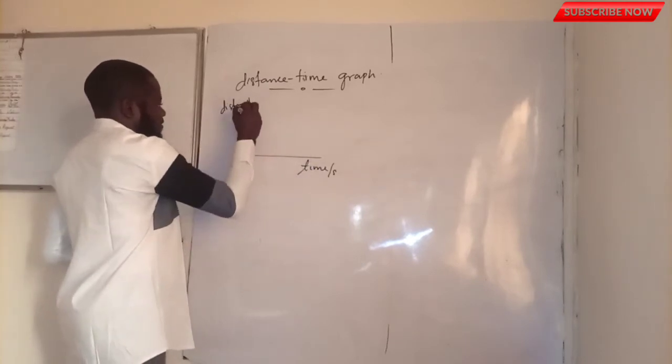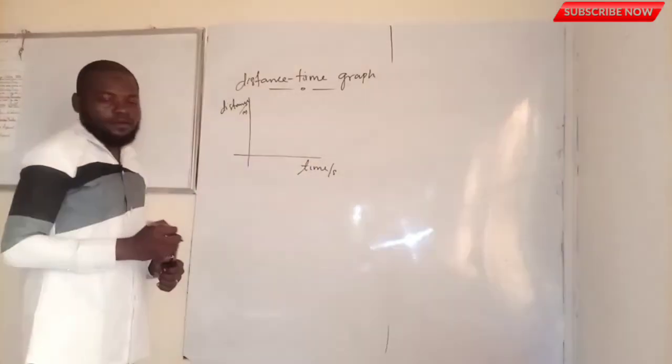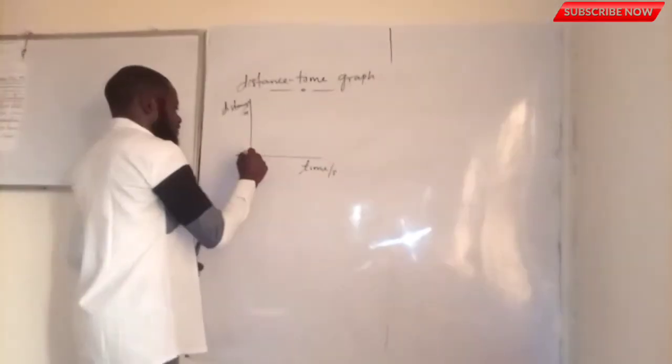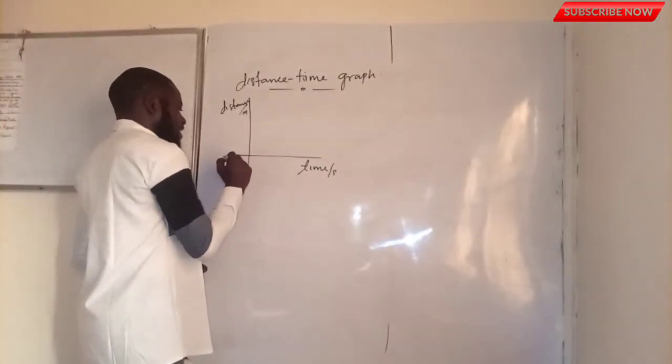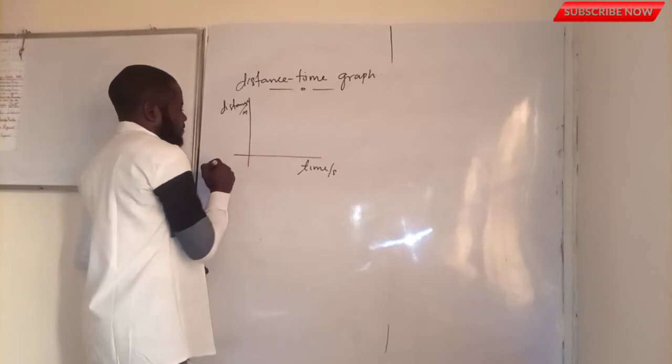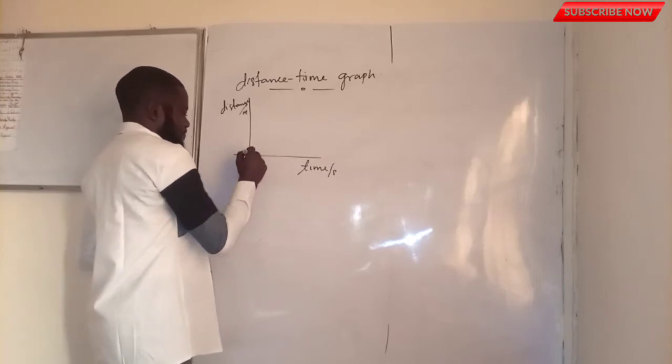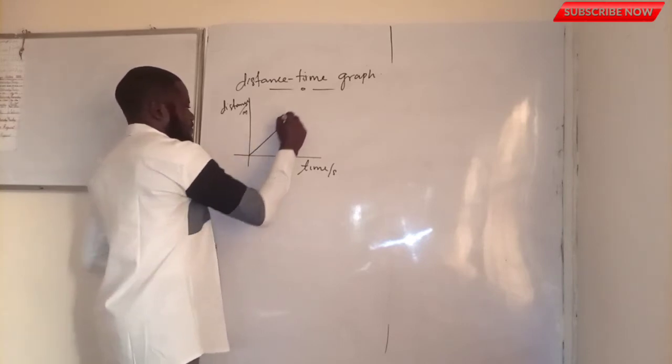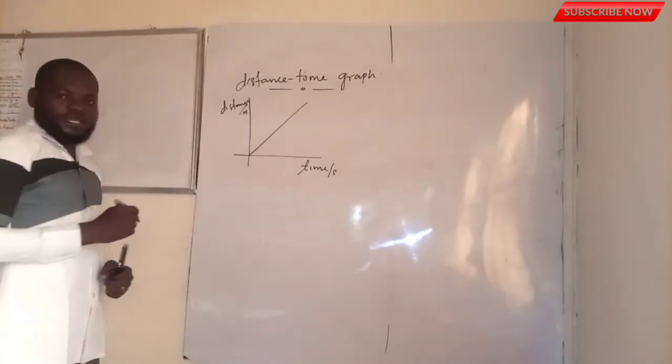Are we together now? So if I have a uniform speed like this, are we together now?